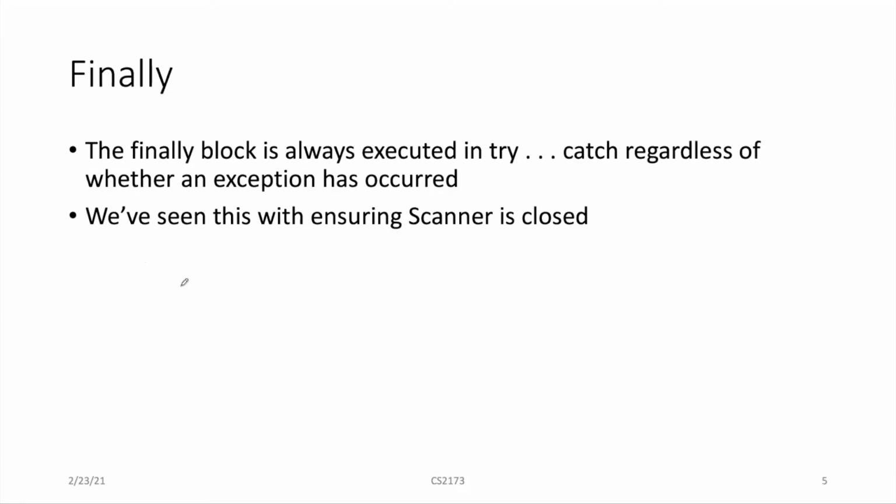That's also important when we're interacting with databases. A connection to a database will typically consume system resources, and if we have a lot of them, it can consume a lot of system resources. You want to make sure that the program releases those system resources. So that's what the finally block does.